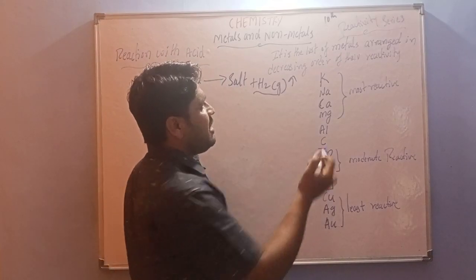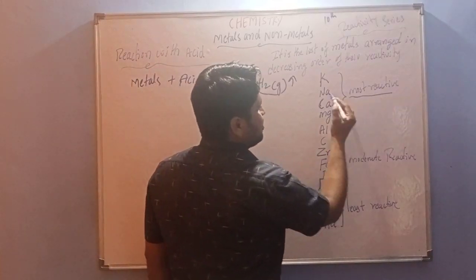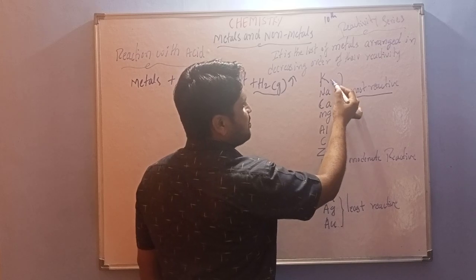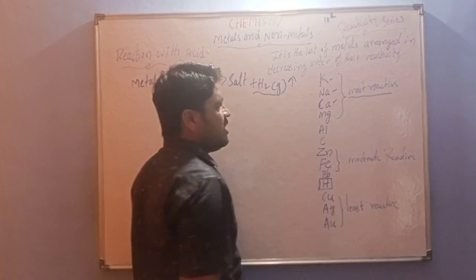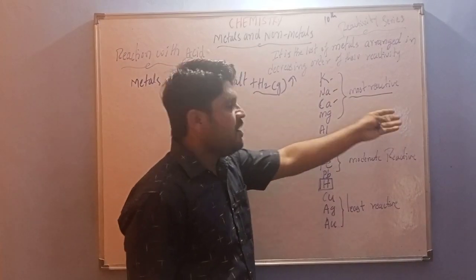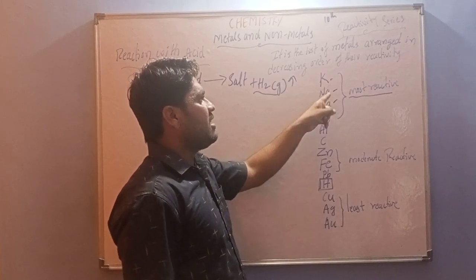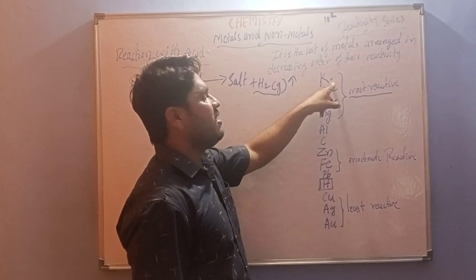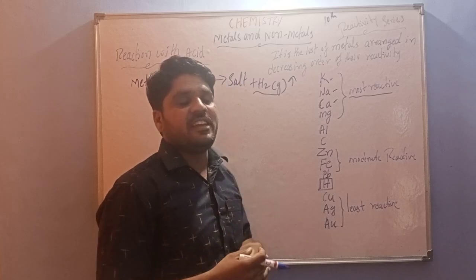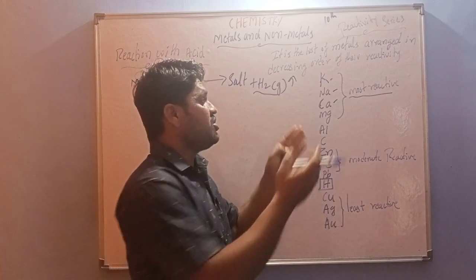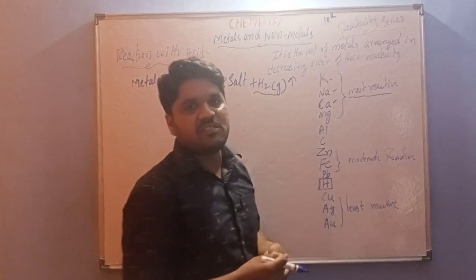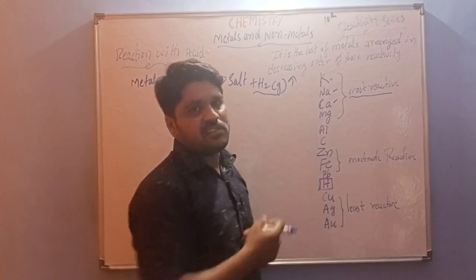In that list, these are the most reactive: potassium, sodium, calcium. If you put sodium or potassium in your hands, they react vigorously and produce heat. In nature also, they produce vigorous reactions.